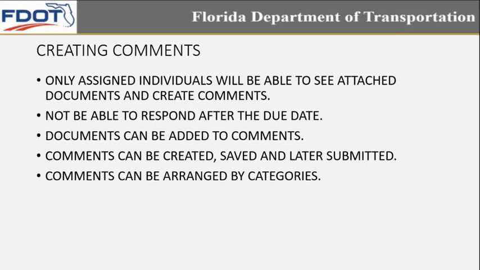One particular thing about ERC is that only the assigned individual will be able to see the attached document. This is done for security purposes. We have plans and bridges that we don't want everybody else to see unless they have to.